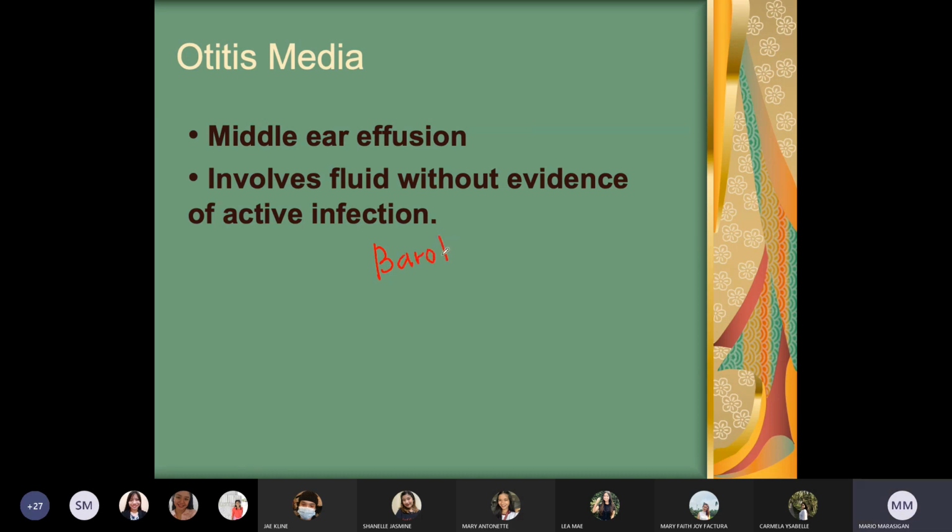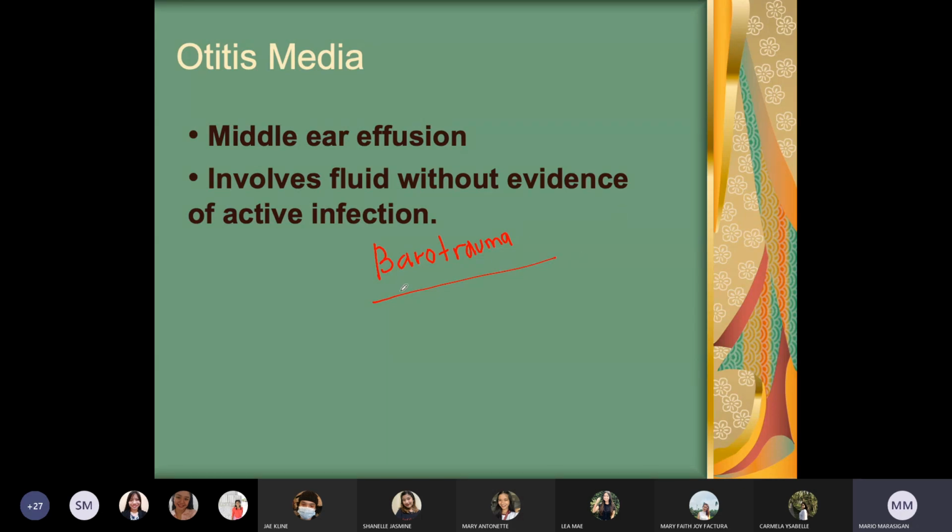Kasi baka ito yung makita nyo sa exam. When you say barotrauma, it is a trauma caused by increasing pressure, either caused by water or air. No? So yung mga diver, ang common magkaroon ng otitis media.